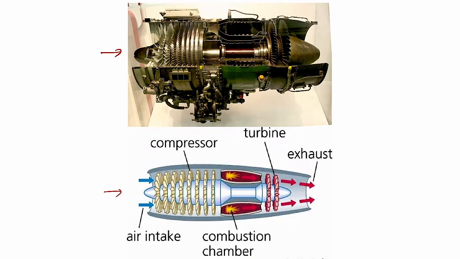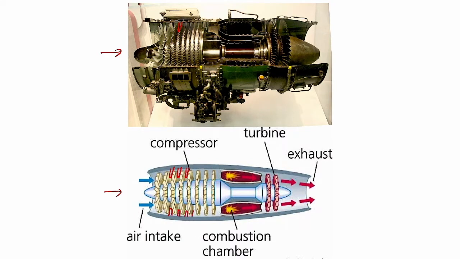What's not shown here is that in between each compressor blade row are what are called stator vanes, or stator rows. It's a little hard to draw on this, but it's probably easier down here. There'd be stator vanes connected to the housing, all the way around, just like the compressor blades themselves.